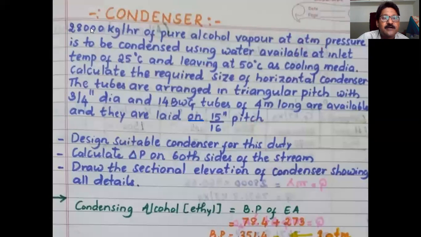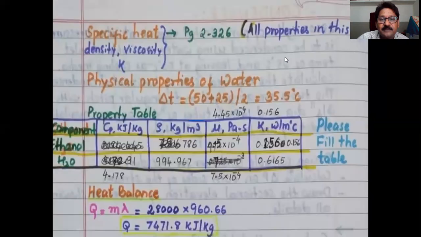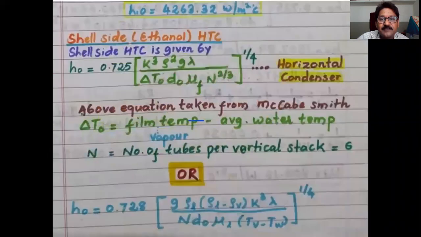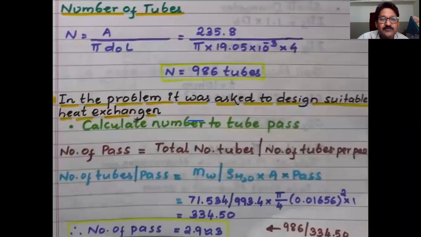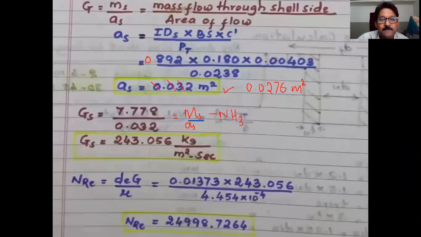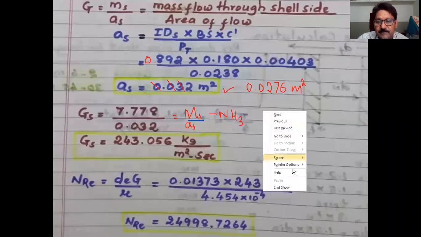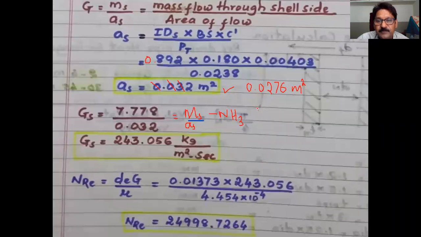It is given, no? Not NH3, sorry, alcohol, right? 28,000 kg per hour, vapor. So you calculate with 28,000. I'll write it once again: 28,000 kg per hour.